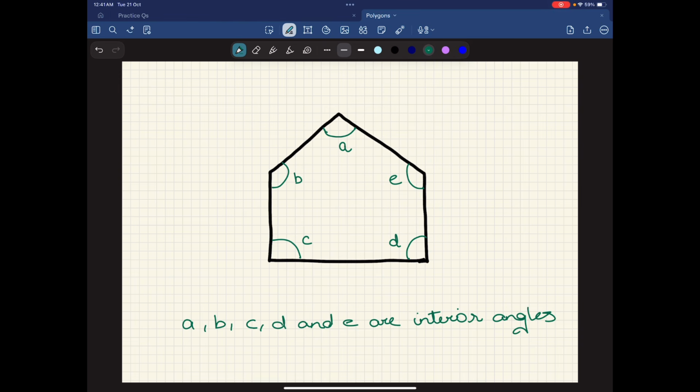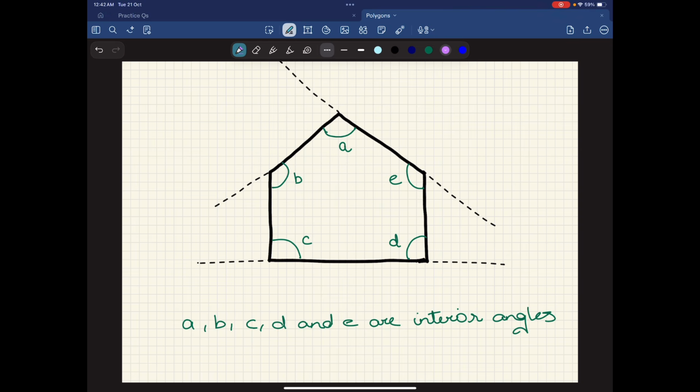What are exterior angles? Exterior angles are the angles outside the shape.